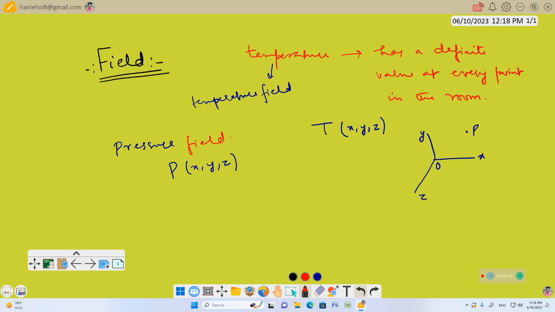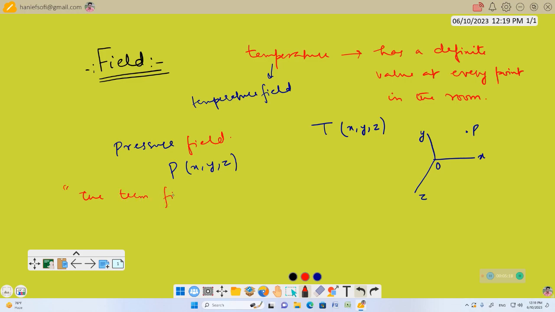Now, in all these examples, if you see, there is a particular region of space, and at every point of this region, some physical quantity has a value, whether it is temperature, pressure, electric field, or gravitational field. Now, the term field, let me write it.